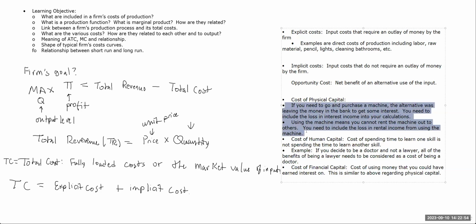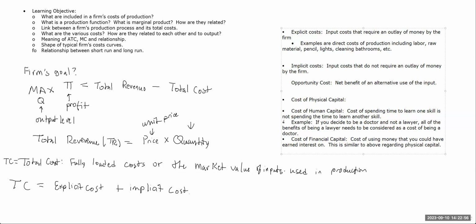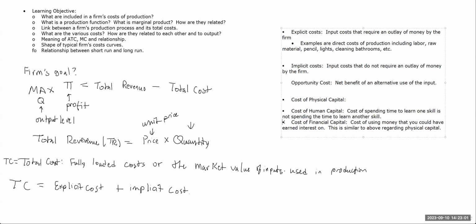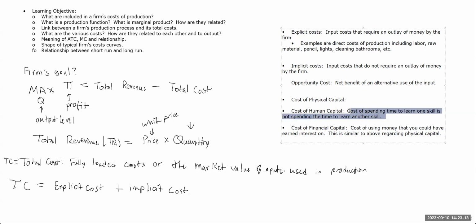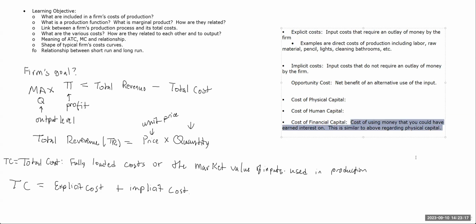In economics, we could classify capital into three buckets: physical capital, human capital, and financial capital.